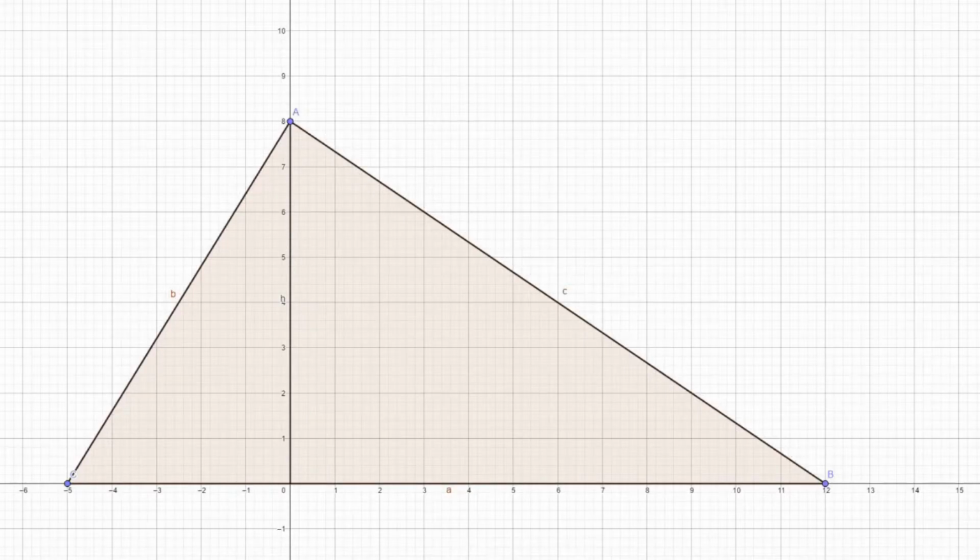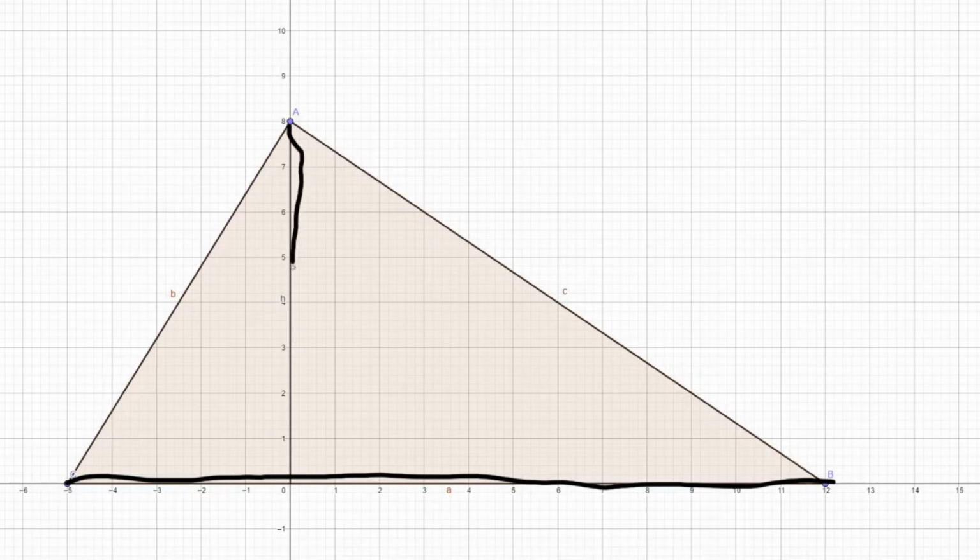Another thing we want to be clear about is we have this side right here, a. However, that's only for this entire length. It doesn't account for these two different triangles.